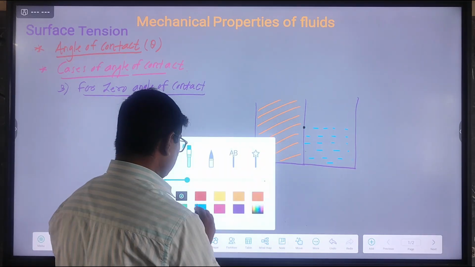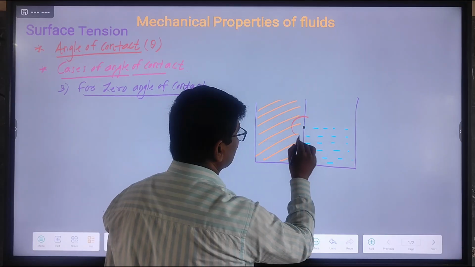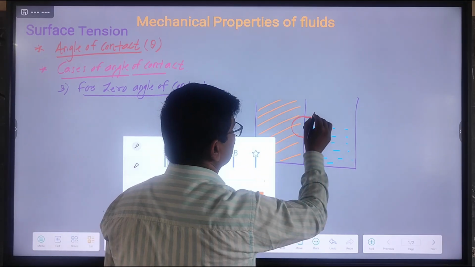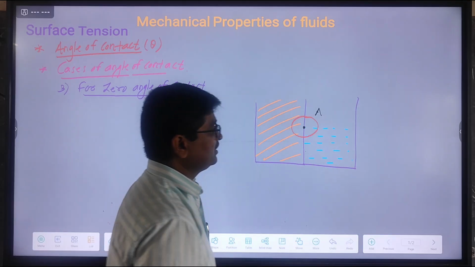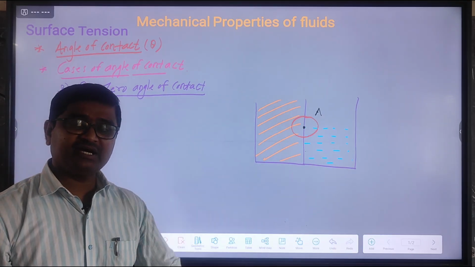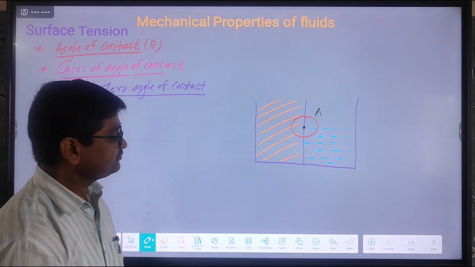So we draw the molecule. This is molecule A. And molecule A we draw at the point of contact where the solid and liquid are exactly contacting together.